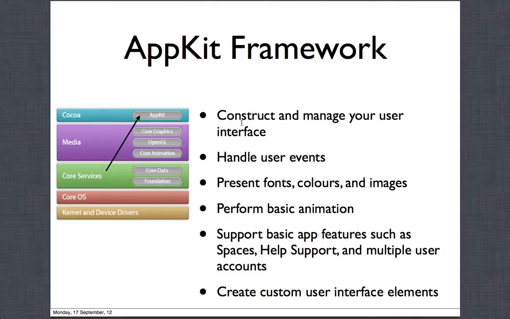It gives you an ability to construct and manage your user interface, to handle all the events by the user, to present fonts, colors, images, and all the media, perform basic animation, and support basic app features that are used in the operating system itself, like Spaces, universal help, multiple user accounts, etc. It also allows you to create custom user interface elements as well as use all those that come with it, all the standard ones.